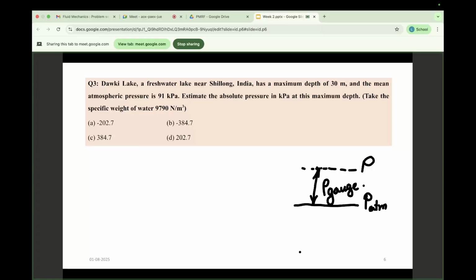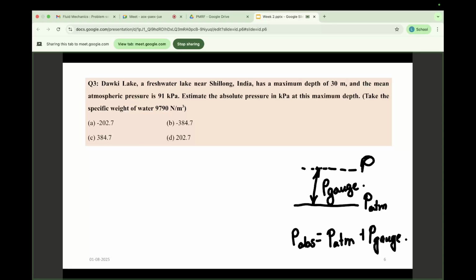If you are asked to find this pressure P, P absolute, I represent absolute as ABS, equals P ATM plus P gauge. Sometimes you can find in a question that the atmospheric pressure is given as 0.